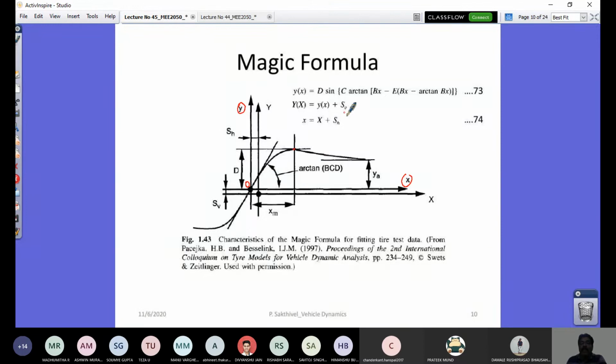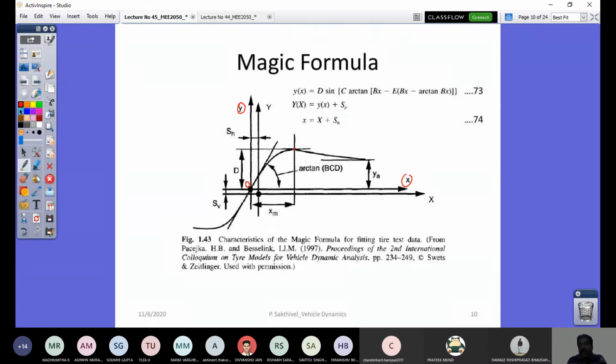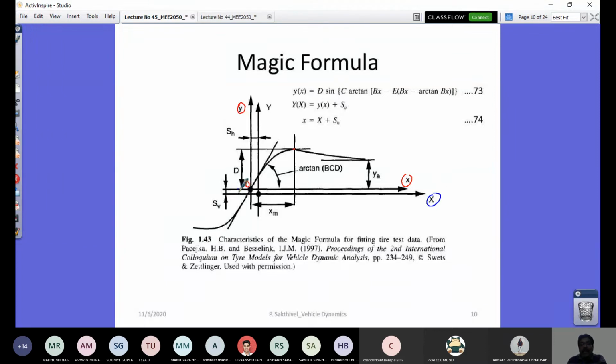And you see now SV is the vertical shift. So vertical shift is, you can see I have this capital X axis which is added, parallel to this, by this vertical shift. That's what vertical shift is. I have similarly a horizontal shift to have my capital Y axis. Why is it? Because with respect to the small x, small y axis set, this curve is not symmetric.